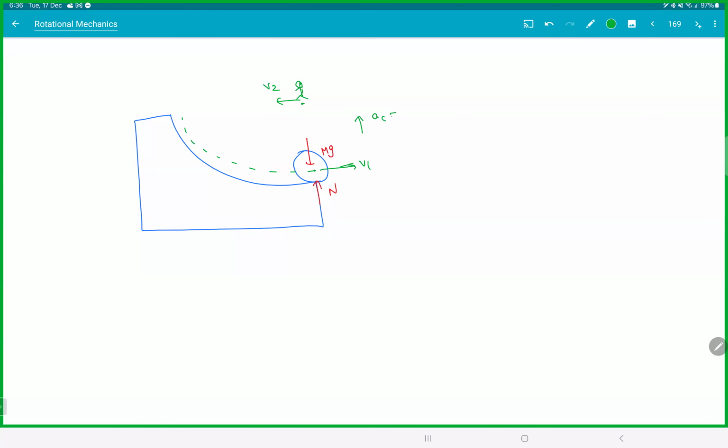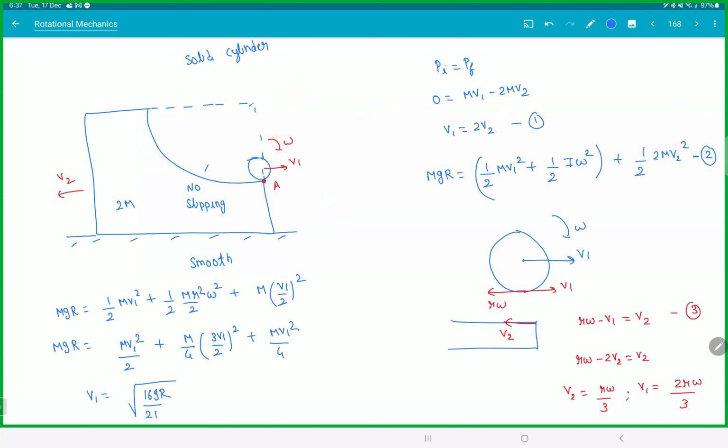So we have a centripetal acceleration V relative square by radius, which is R minus r. You have to subtract the radius of the sphere, which will be (V1 plus V2) whole square by (R minus r). So normal reaction will be mg plus m (V1 plus V2) square by (R minus r). I will leave it. You can substitute and get the answer.